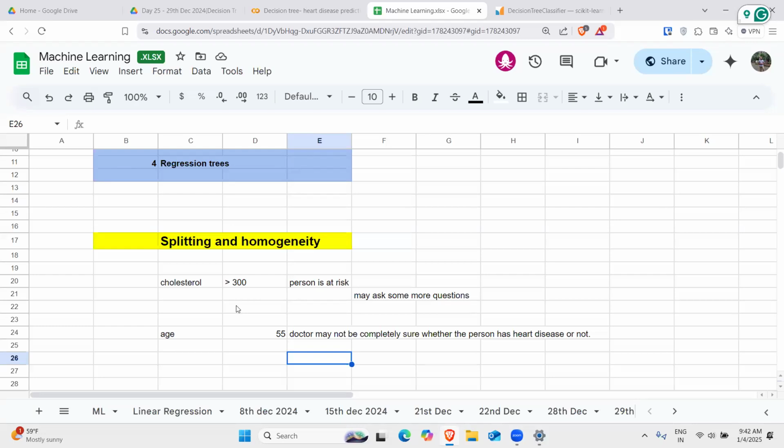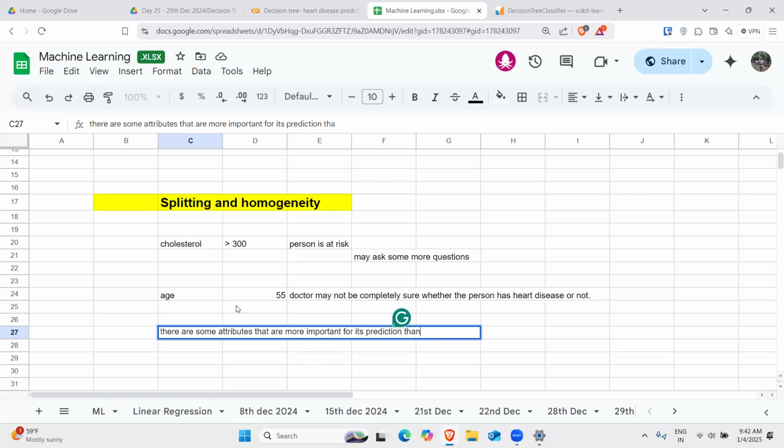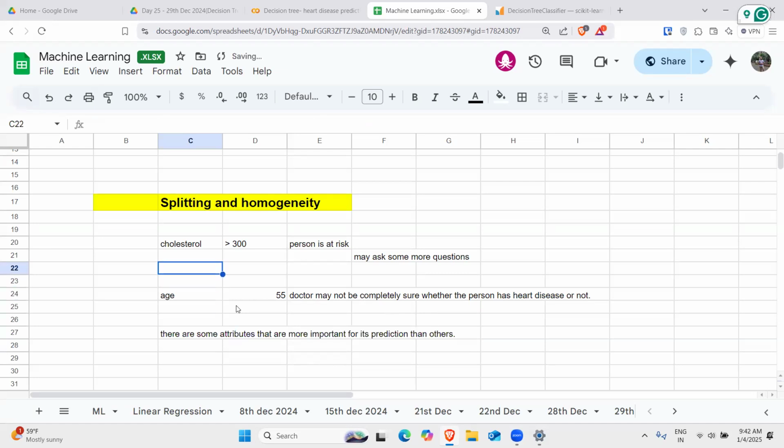there are obviously some questions or attributes that are more important for its prediction than others. Yes or no? For example, cholesterol.